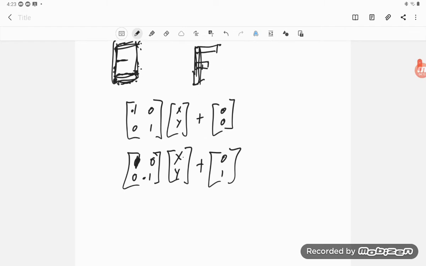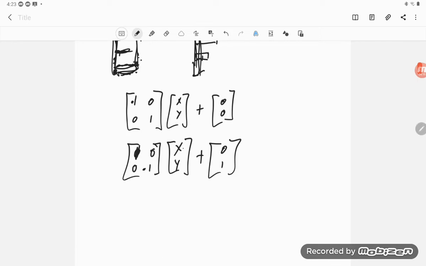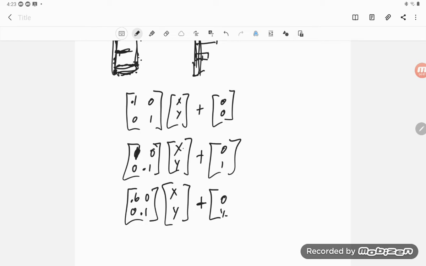And then finally, to do this part, I need to shrink both, and I need to shrink the y a whole lot more than the x, so the x maybe is 0.6 and 0, and there's the xy, so I shrunk them both, and I need to lift it up, maybe by a half or something like that.